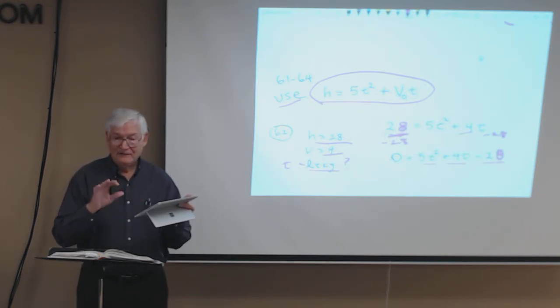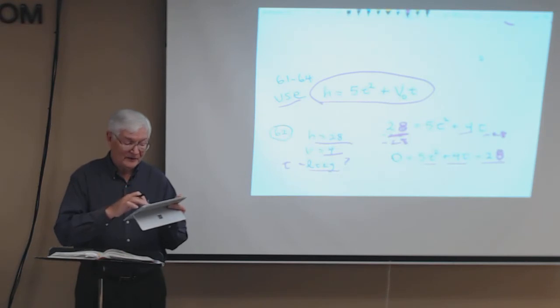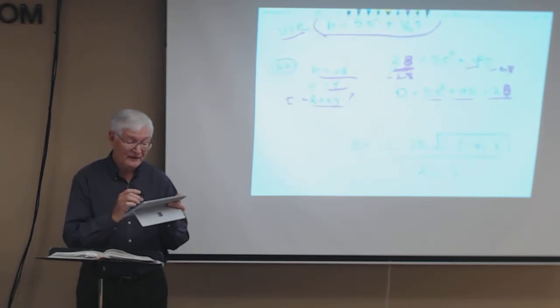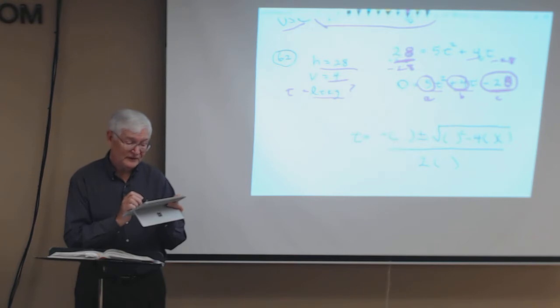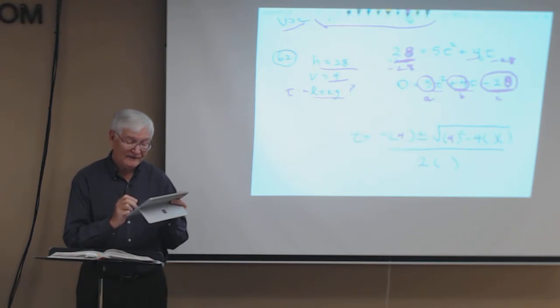Now, I could either factor it or use the quadratic formula. The quadratic formula would say this is A, this is B, and this is C. So B would be 4, A is 5, C is negative 28, and 2A, 5 down here.